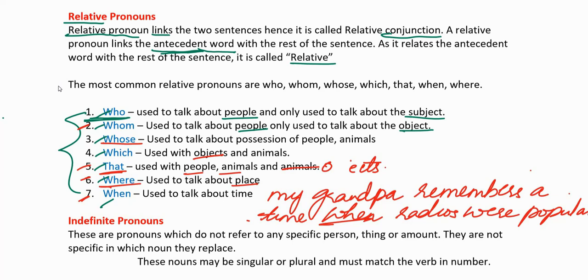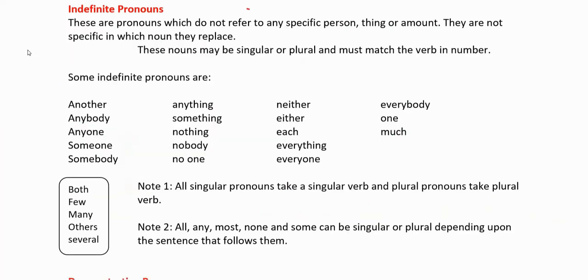Let us go to the next category of pronouns, which are indefinite pronouns. Now the word indefinite itself suggests something which is not definite or specific or particular. Now indefinite pronouns talk about non-specific or non-particular things. Let us look at the definition here.